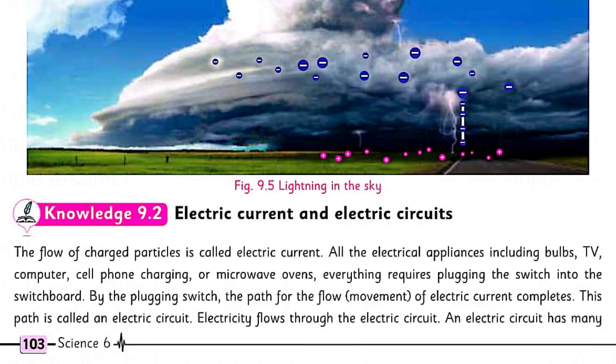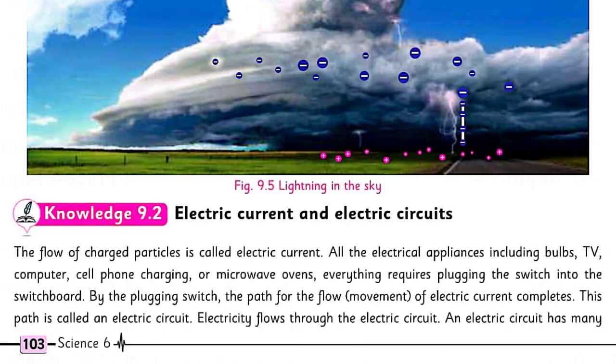Knowledge 9.2 Electric current and electric circuits. The flow of charged particles is called electric current. All the electrical appliances including bulbs, TV, computer, cell phone charging, or microwave ovens, everything requires plugging the switch into the switchboard.